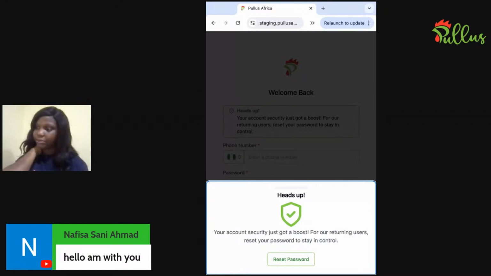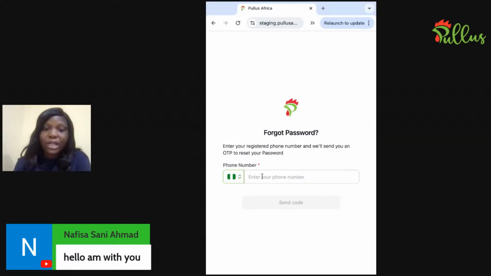Now, once you get here, for existing users, you click on this reset password, and then we're going to reset your password. I have an account, so we're going to use my account to reset our password.